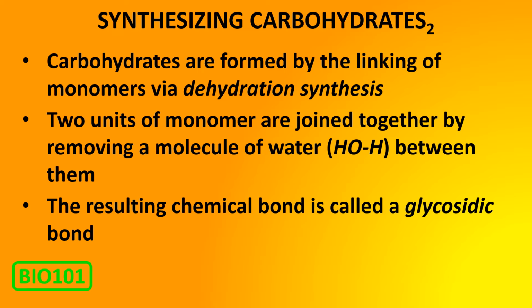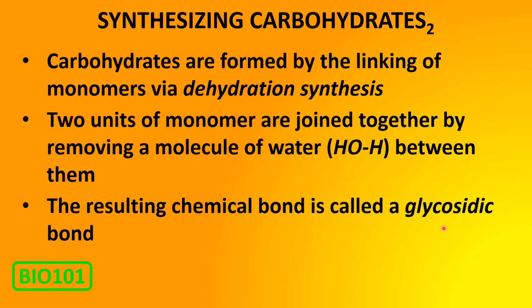Now we have a disaccharide. Glucose would be a monosaccharide, a single sugar unit. Now we have two glucose molecules hooked together, so we have a disaccharide or a double sugar. Two units of monomer are joined together by removing a water molecule between them, and the resulting chemical bond is a glycosidic bond. Important that you remember the names of these bonds for all of these different categories of macromolecules.